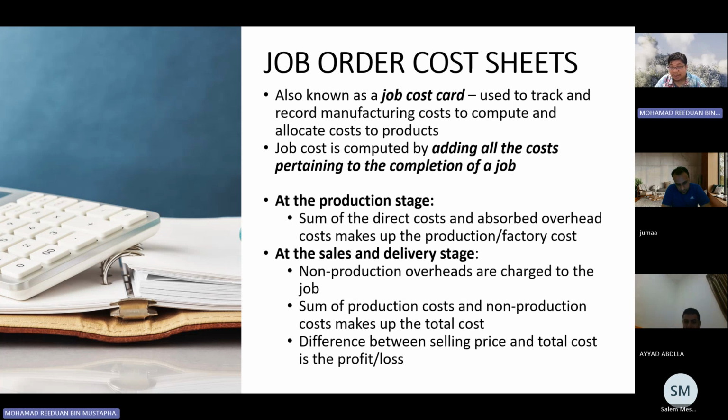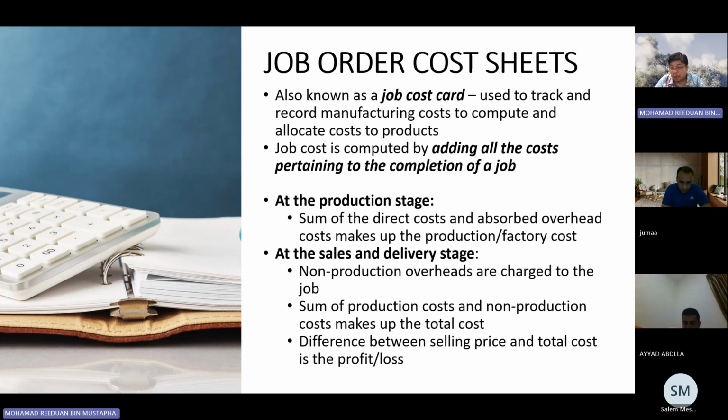So we know that in order for you to get profit, you need to add all the costs that are related to the job order. So this is where the costs come into your calculation.